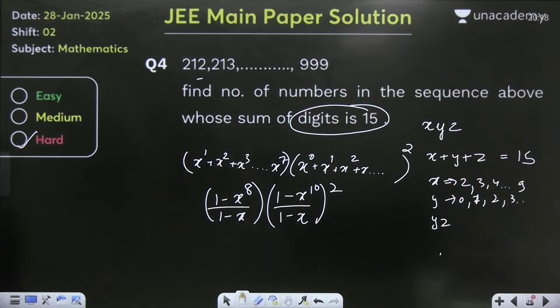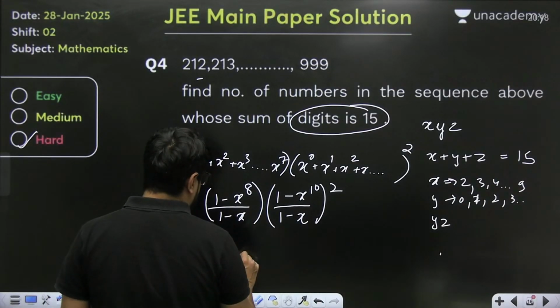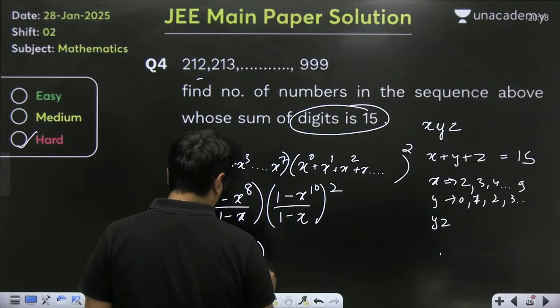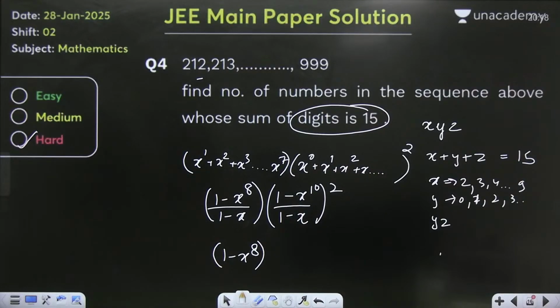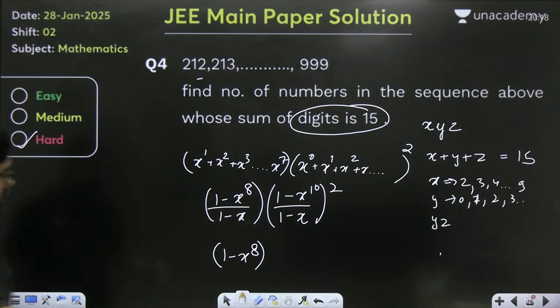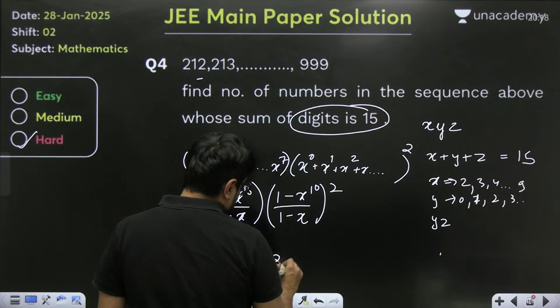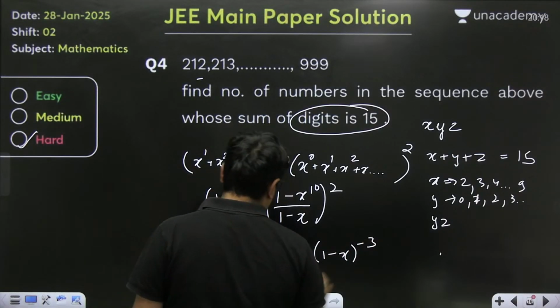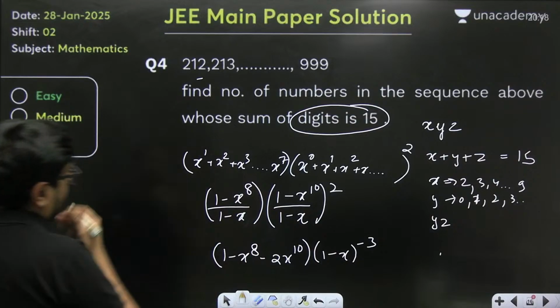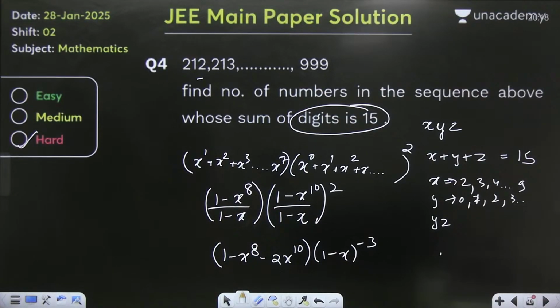So we'll need 1 minus x to the power 8, minus, for 15, what can be the sum? And 2x to the power 10, and then yes, this can be our solution. Now we can compare the coefficient.